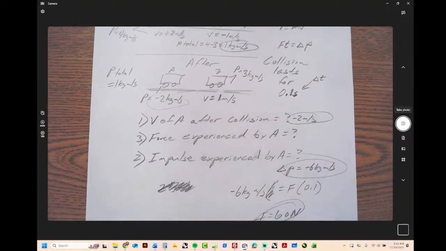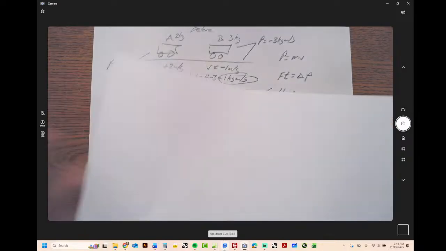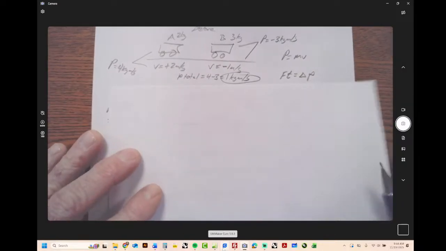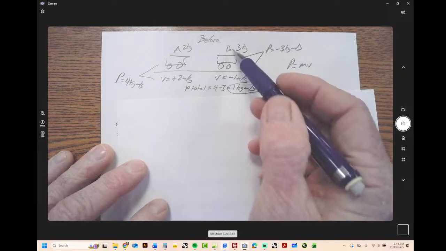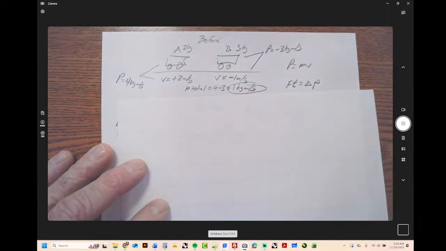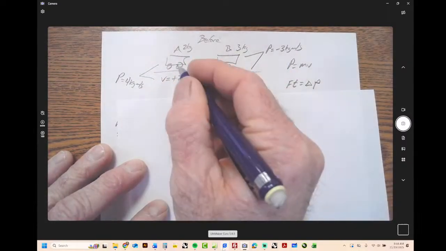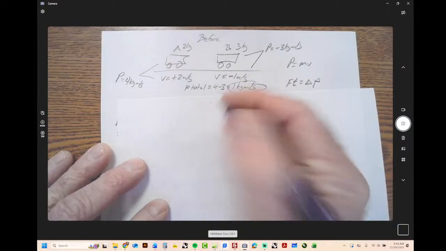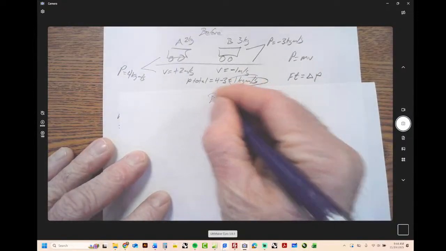I think before I do that, I'll ask you some questions about momentum before and after the collision. So basically, what you need to do is use the law of conservation of momentum first.